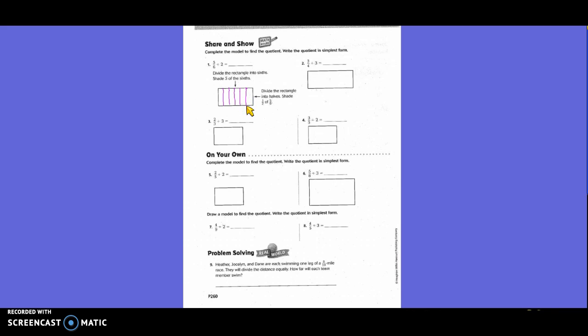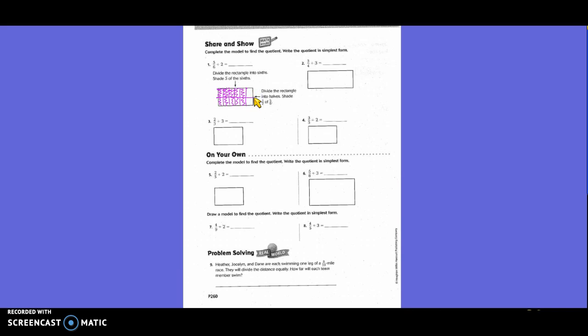And then we're going to shade how many of those 6? 5. Then we're going to break that into how many pieces, not vertically, horizontally? 2. Into 2. So half.